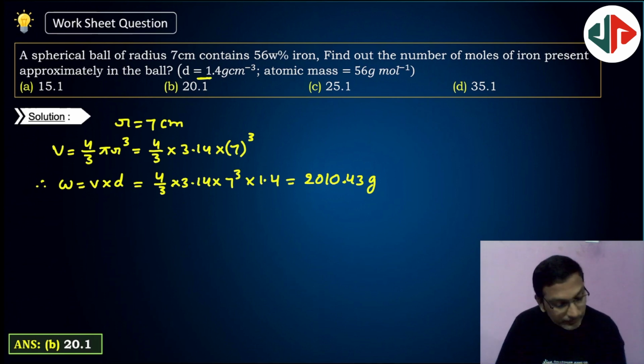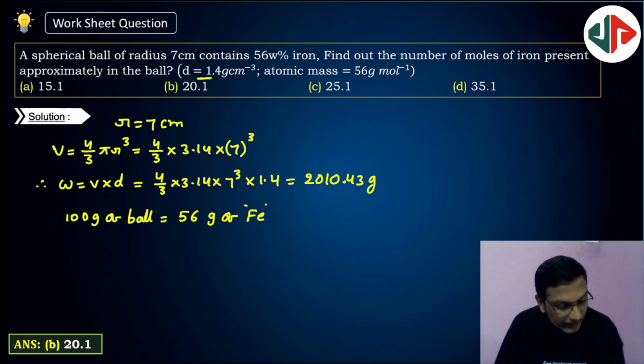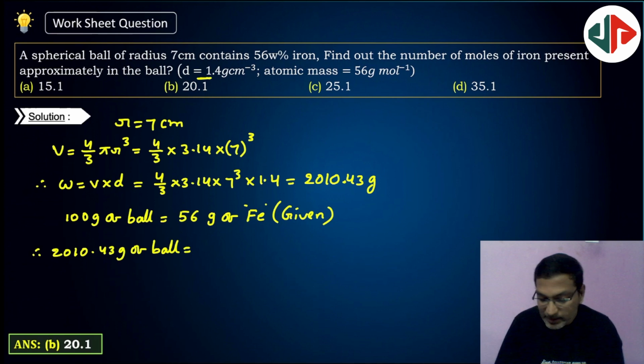Next. See here, the spherical ball of radius 7 centimeters contains 56% of iron. That means if we take 100 grams of ball, it contains 56 grams of iron. This is the given condition. Therefore, the weight of the ball is 2010.43 grams. It contains how much iron?